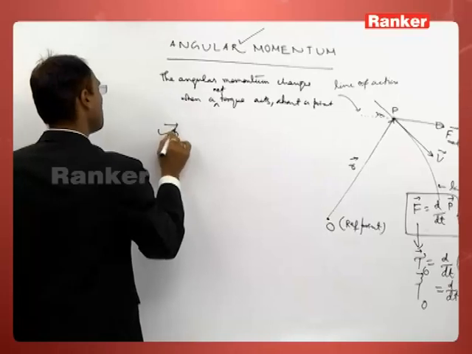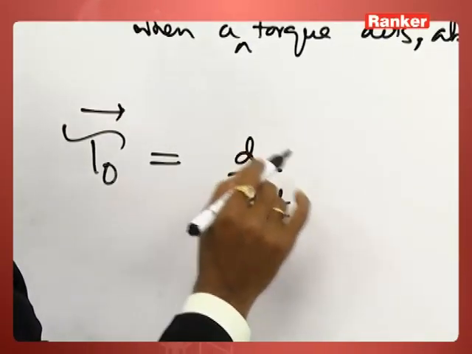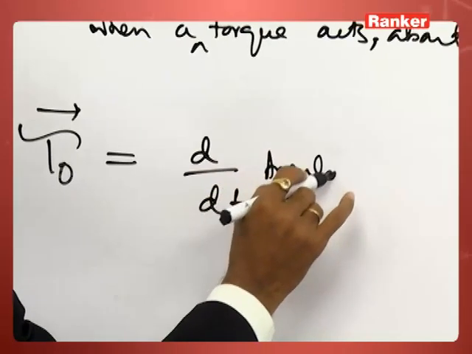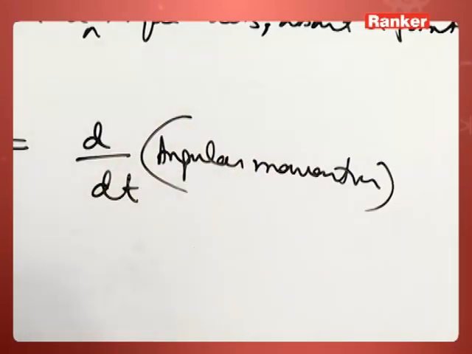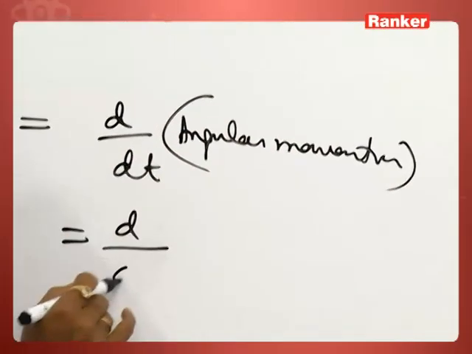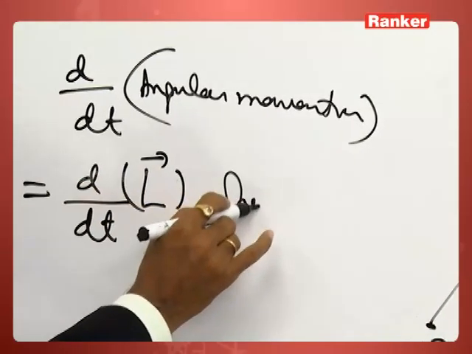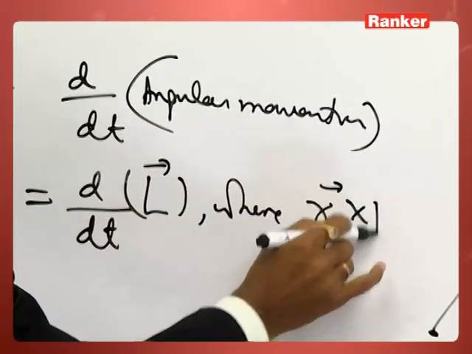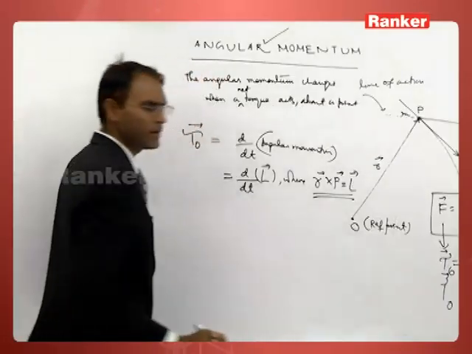So torque about the point O can be written as d by dt of angular momentum. We name it like that. This angular momentum can be written as L vector, where R cross p is defined as the angular momentum L vector.